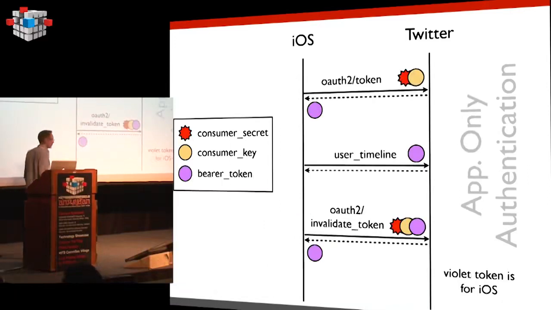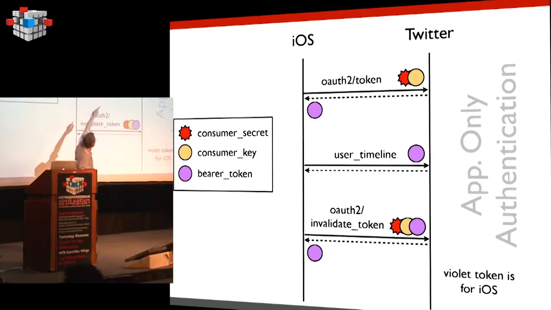There is a last use case I'm going to present. It's very recent. It was introduced, I guess, last month. And it's called the bearer token. It's a bit special. Imagine you want to make requests which are done without user context. You could have an application reading a public timeline or doing searches, but not allowed to access direct messages or post a status.